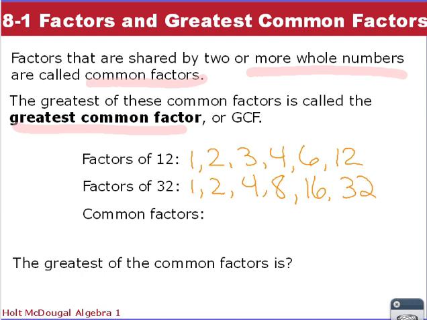So we go down here, we have a 4 here and a 4 here. So our greatest common factor for 12 and 32 is going to be 4. And we're going to write that down here. The factors they have in common are 1, 2, and 4, with 4 being the greatest factor, the greatest common factor.